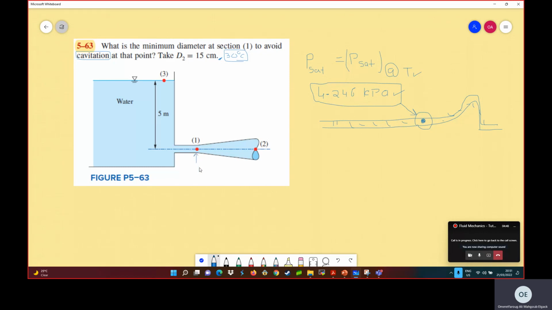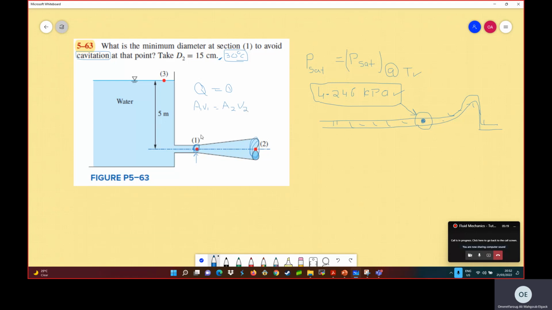Why is that? Because point 1 has less cross-sectional area than 2, right? The area at 1 is less than the area at 2, and you remember Q is equal to Q, so A1 V1 is equal to A2 V2.